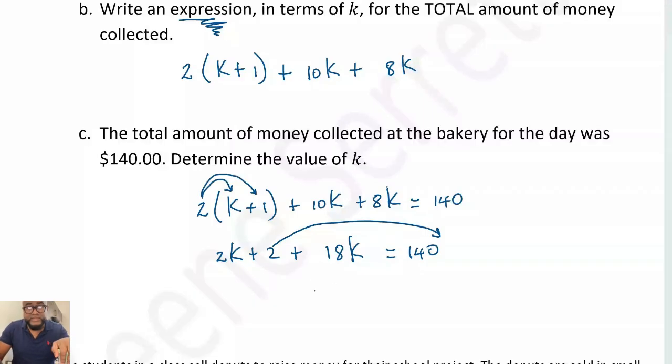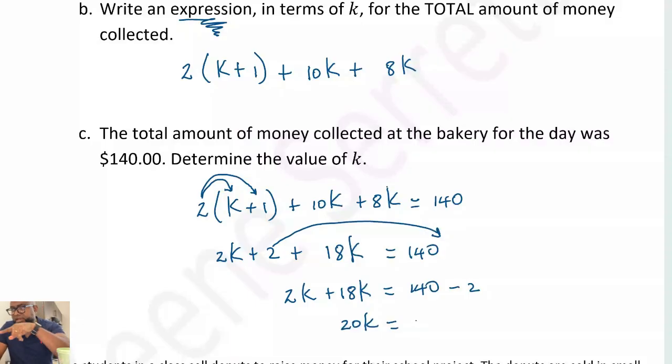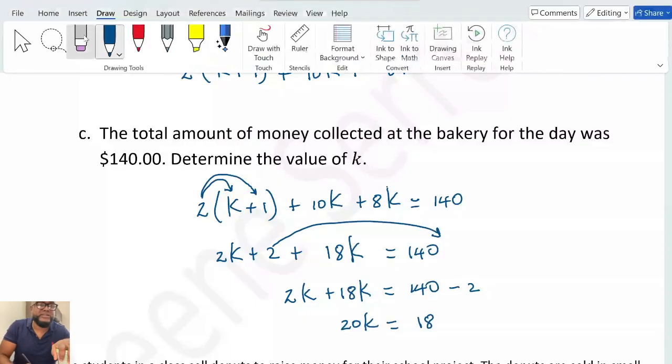So 2k plus, all right, just for formality, I'm going to put back 2k here plus 18k is equal to 140, right? When 2 comes to the side, what does it become? Minus 2. Good. So 2 plus 18k is, and then 140 minus 2. Let's finish this part. So 140 minus 2 is 138, right?